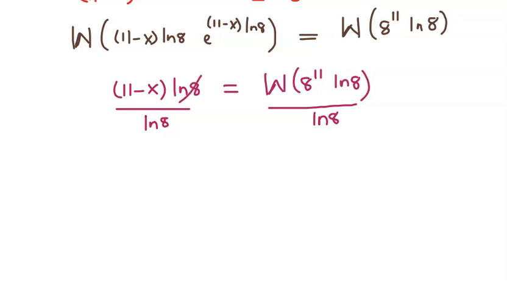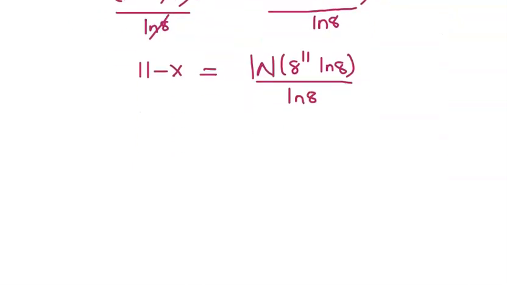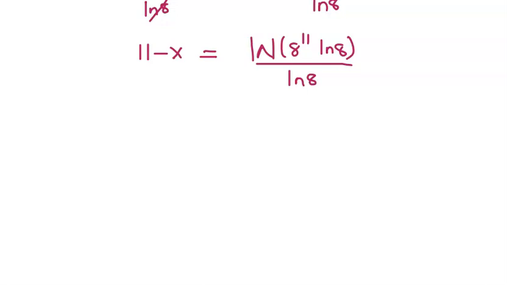So we can see this will cancel this, and we are left with 11 minus x, which is equal to the W of 8 to the power of 11 times the natural log of 8, all divided by the natural log of 8. Now from here, I think we almost have the value for x, right?